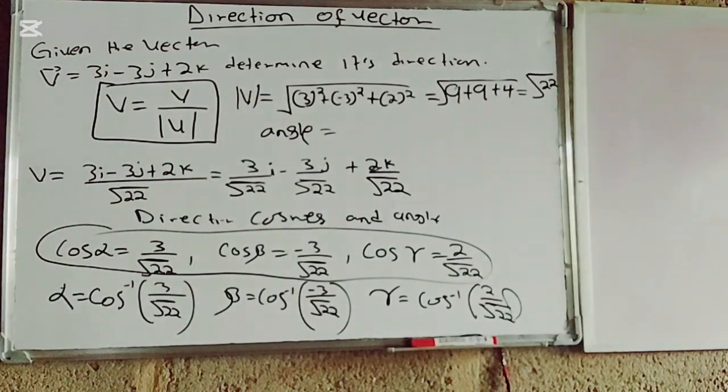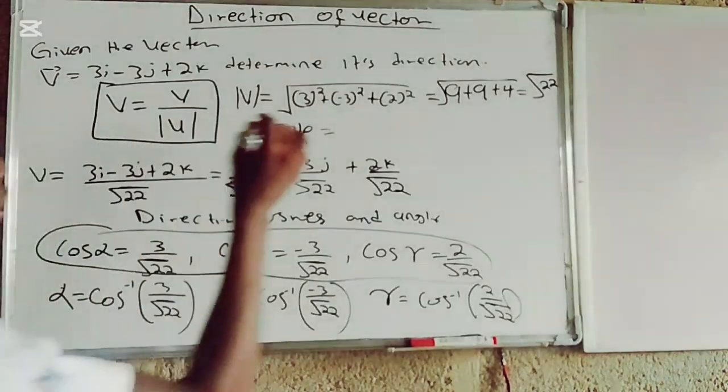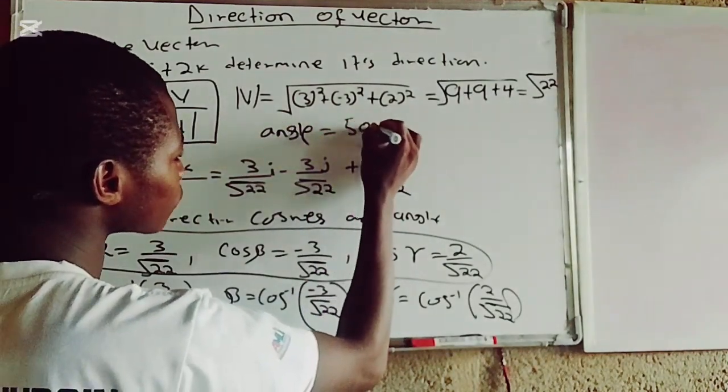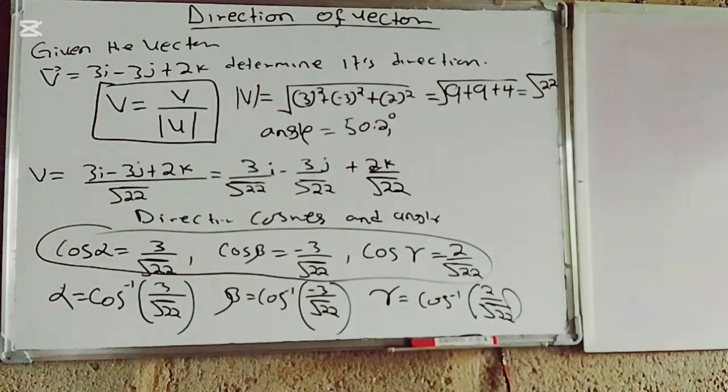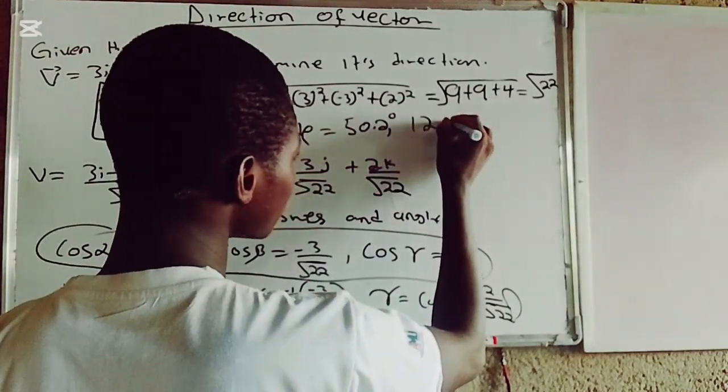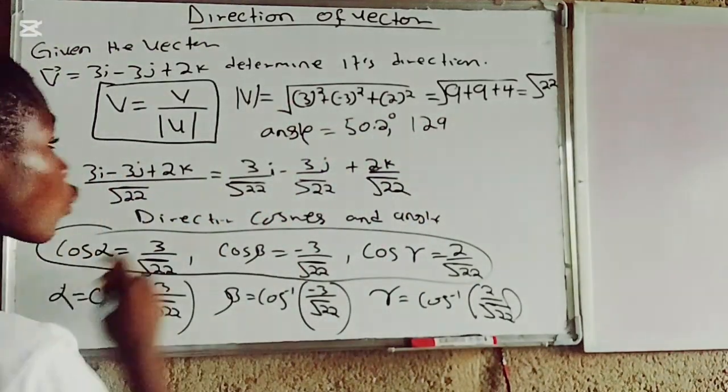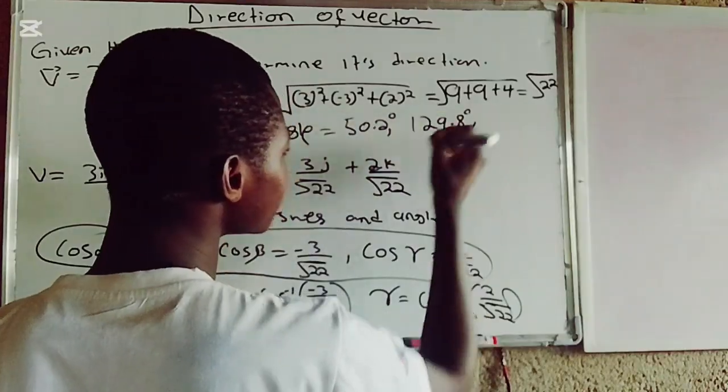If I take cos inverse of 3 by root of 22, I will end up with 50.2 degrees. And the cos inverse of negative 3 by root of 22 gives 129.8 degrees.